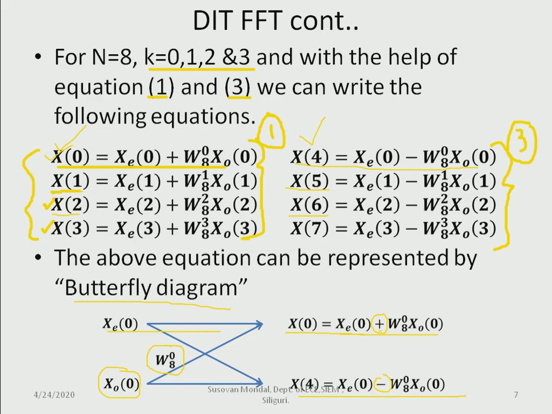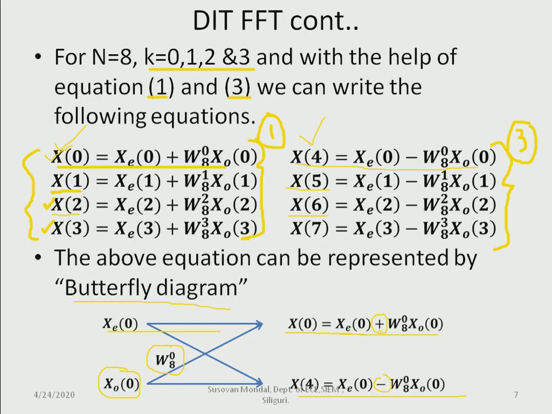Now if you observe these equations, they give very interesting results. To produce x of 0 we have to perform one addition and one complex multiplication. To produce x of 4 we have to do one subtraction and one complex multiplication.